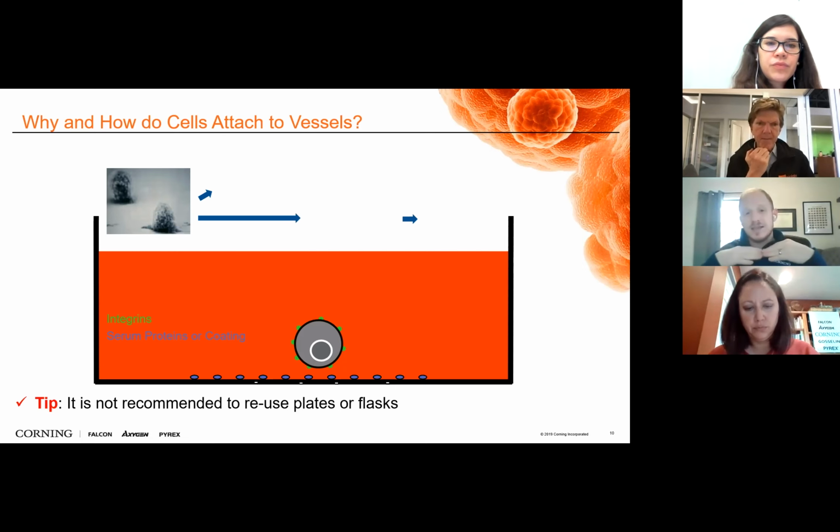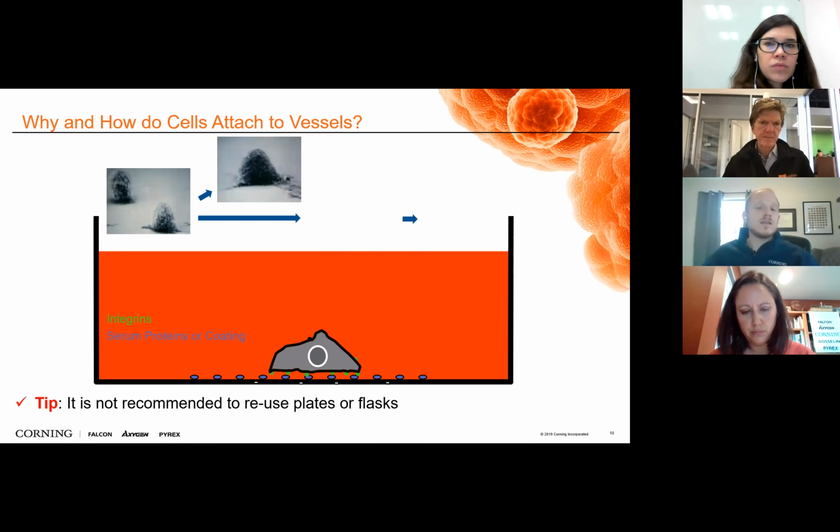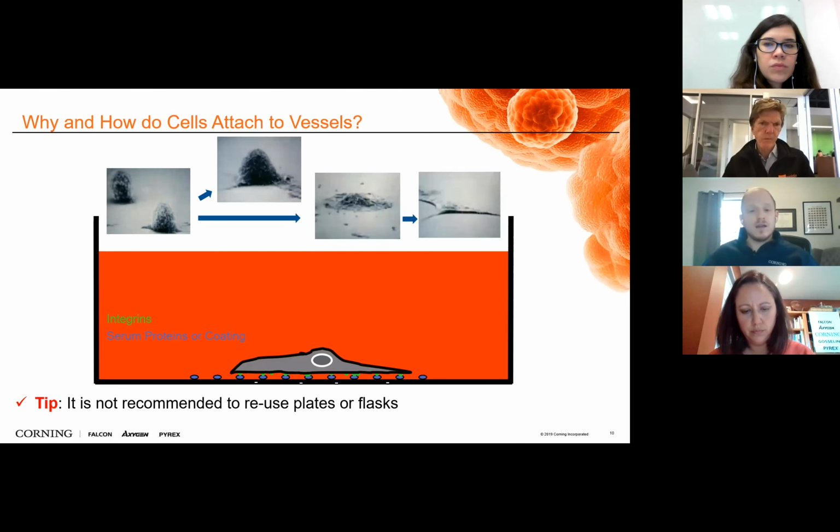But the serum proteins actually settle down to the surface of the vessel, and the integrin binding proteins that are present on the surface of the cells interact with those serum proteins, and that's what allows them to adhere to the tissue culture plastic. So as cells float down to the surface, the integrin proteins on the cells interact with the proteins that have now coated that surface, and they start to adhere and spread out until they end up flat.